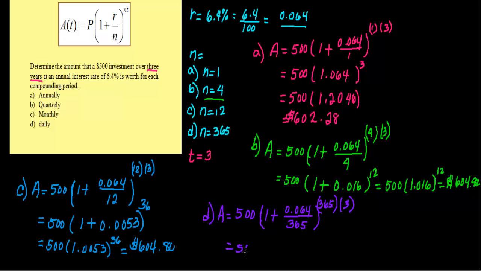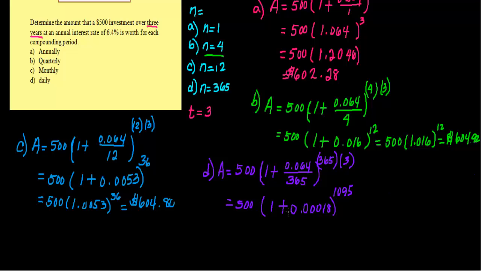So that will equal 500 times 1 plus 0.064 divided by 365 is 0.00018 raised 365 times 3, raised to the 1095th power. You think that's a big number, but this number in here is very small. It's almost 1. So that number is not going to grow too much. So this is 1.00018 raised to the 1095th power.